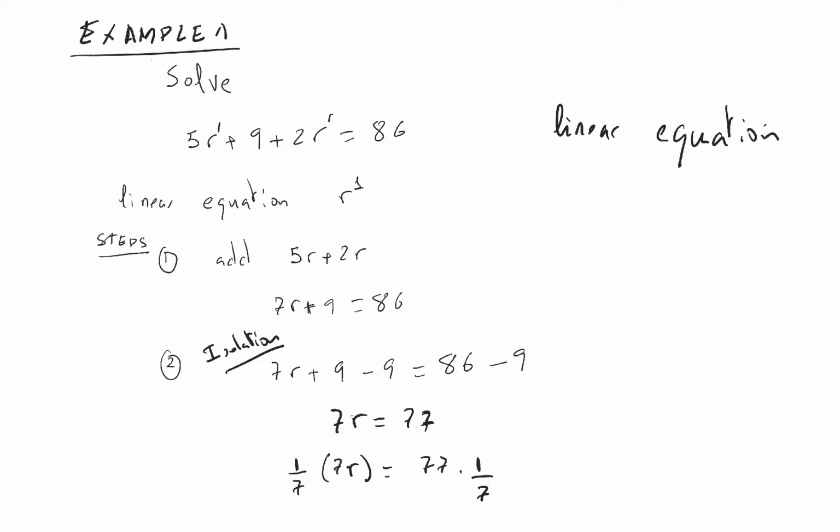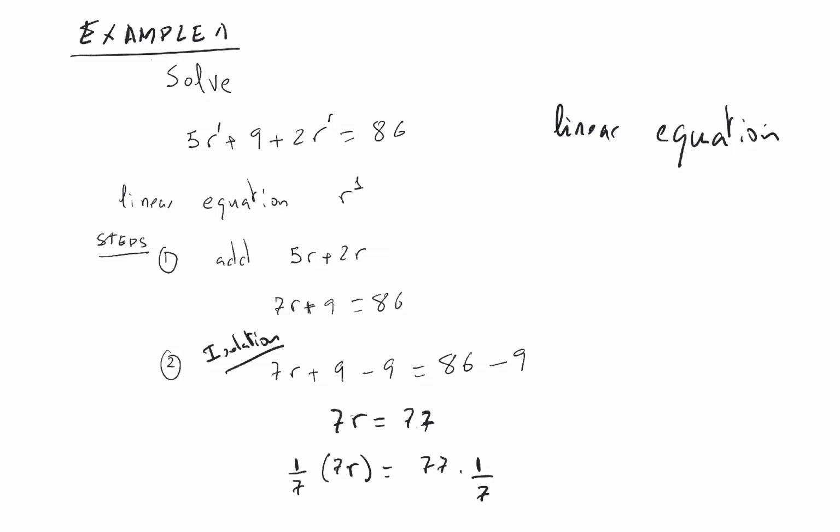So let's do it. So we have this equation. How can we isolate the variable r? Well, I noticed that if I add minus 9 here, this 9 will disappear. But if I add minus 9 to the left side of the equation, I need to add minus 9 to the right side of the equation.